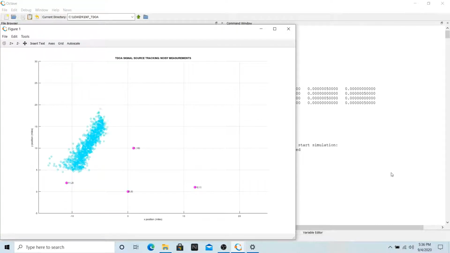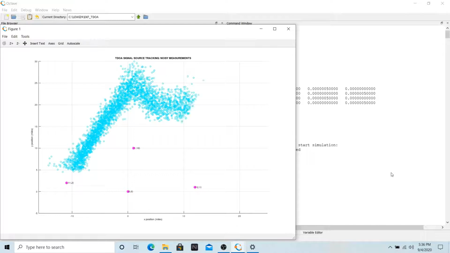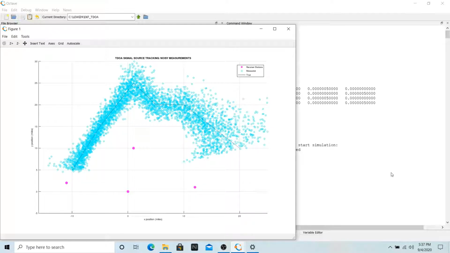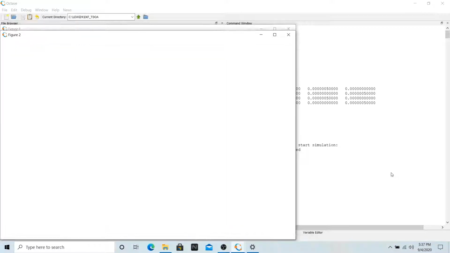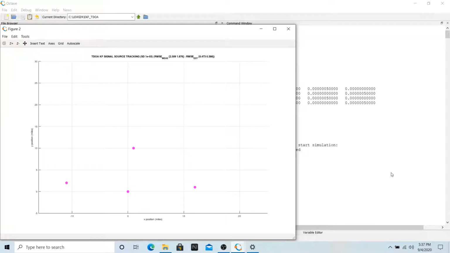On the graph, you can see the noisy x and y coordinates of the object path being plotted in sky blue color. These are calculated directly from the TDOA measurements. The dotted line shows the true path of the object. And now we will see how the estimation of the Kalman filter for the object position looks.